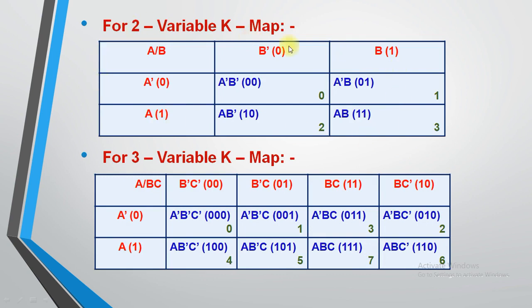Now let us understand that with the help of graphical representation of K-map. In this particular slide we have the representation of 2 variable K-map and the representation of 3 variable K-map, right?